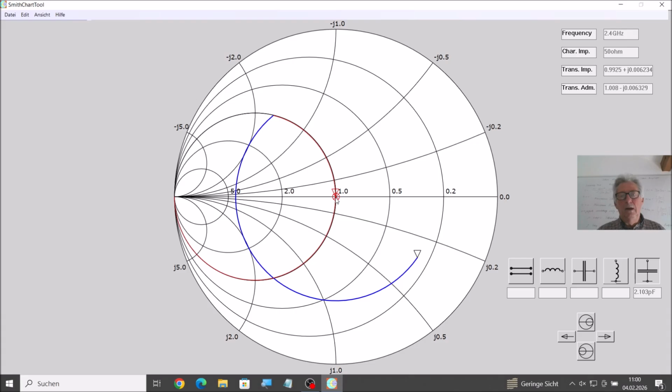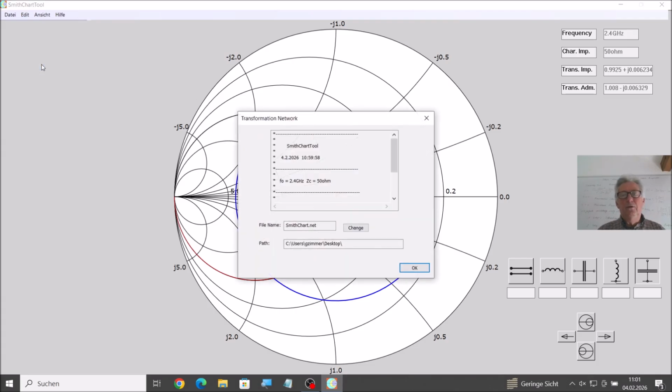We are now at our goal, and so we can now say end of transformation, and then this slide gives us the circuit we have to use. So we have to use a transmission line of roundabout 34 millimeter and a capacitor of roundabout 2.1 picofarad.